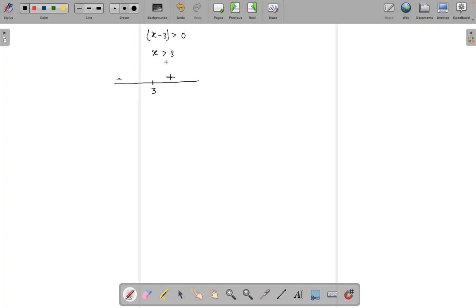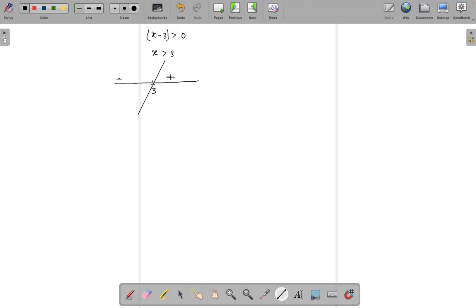So if you have to draw this, wavy curvy is a way to draw the graph. x minus 3 is a straight line, so it will go like this. The reason you are drawing 3 is because 3 is the point wherein it becomes 0.